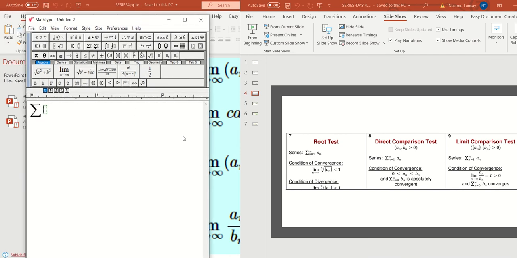So here we have another series from n equals 1 to infinity.